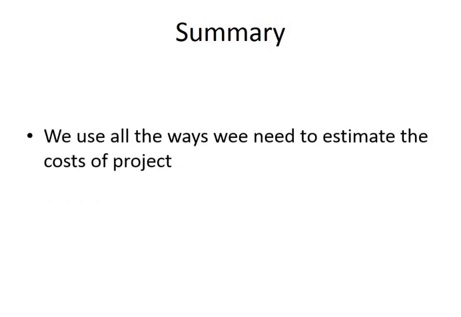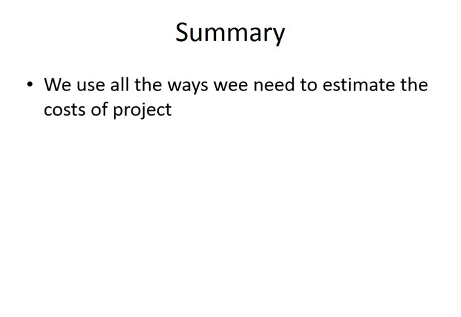So to sum up, because we are finishing at least in a moment, we can use all the different ways of estimating the cost of our project, depending on what we actually need.